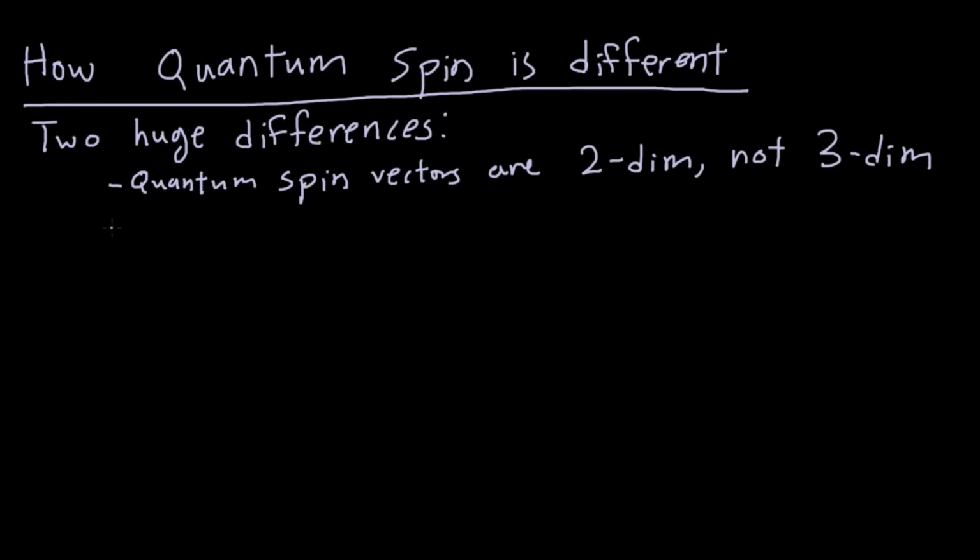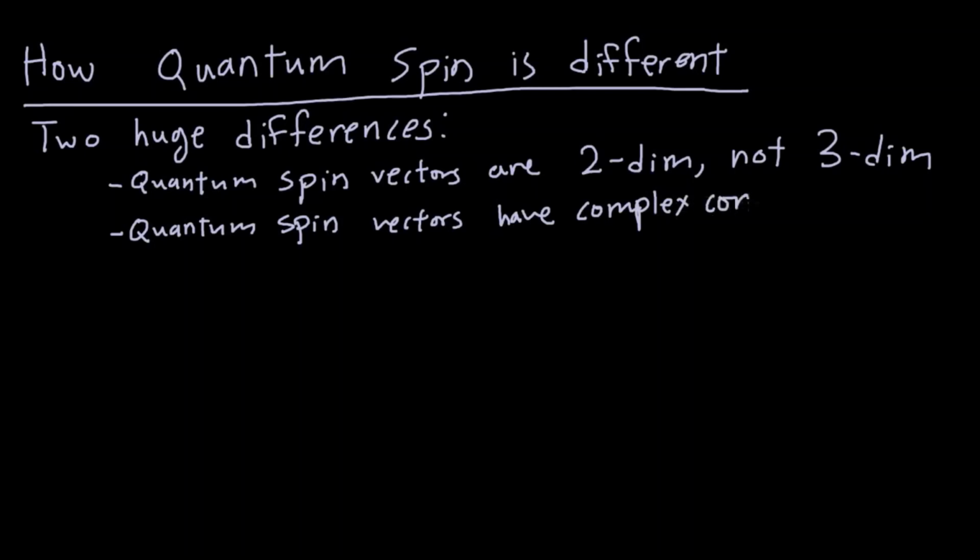That's the first difference. And the second difference is that quantum spin vectors have complex components, not real.